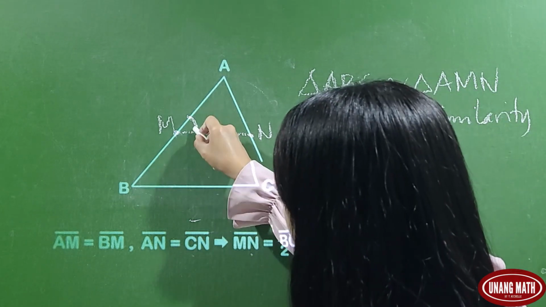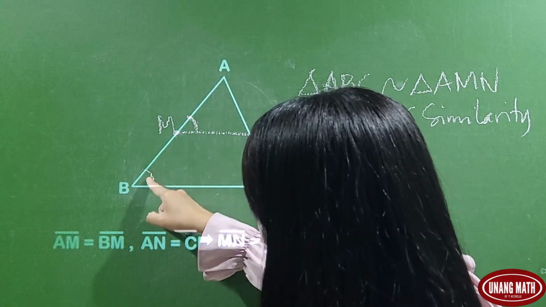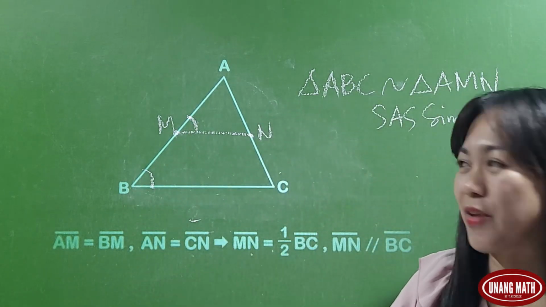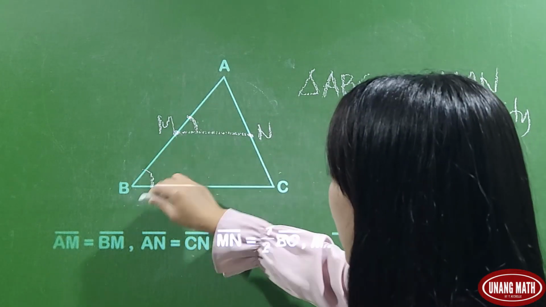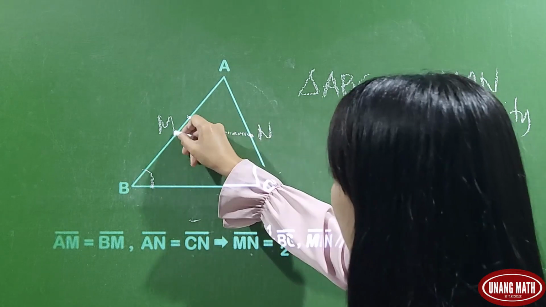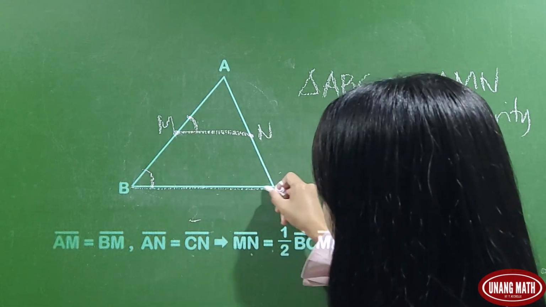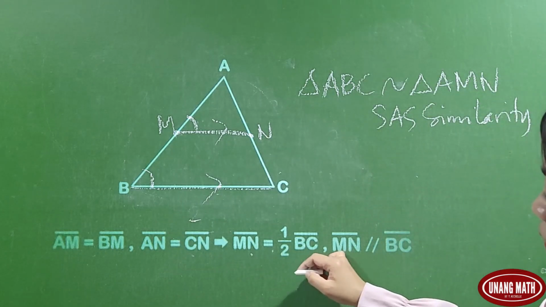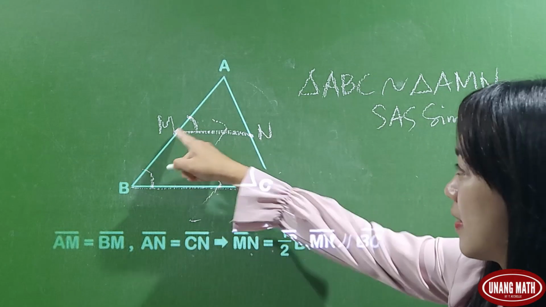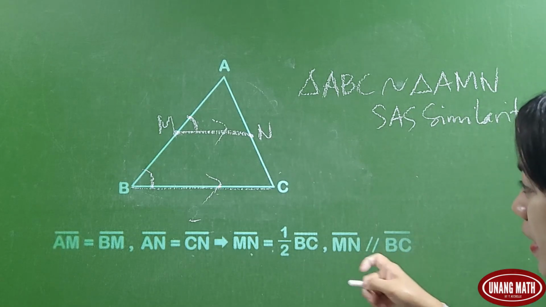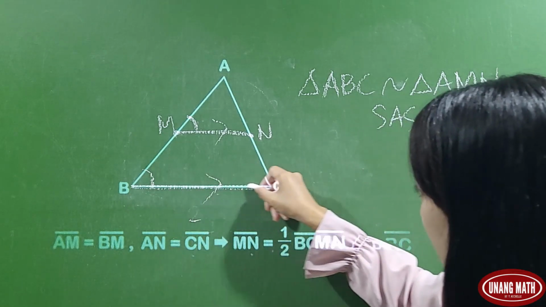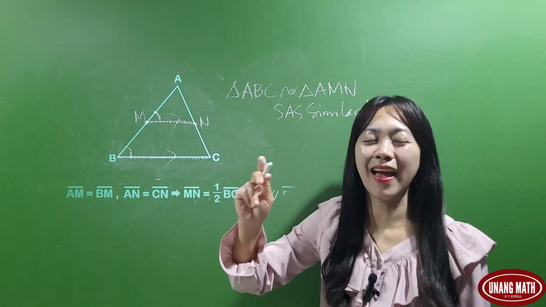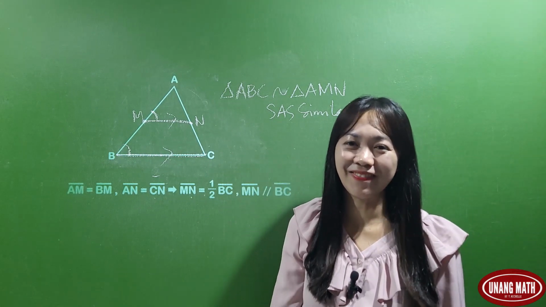So this angle corresponds to this angle, so they are equal in measure. If these are corresponding angles, then it means this line and this line are parallel lines. So our mid-segment, segment MN, is parallel to segment BC, or to the third side of the triangle.